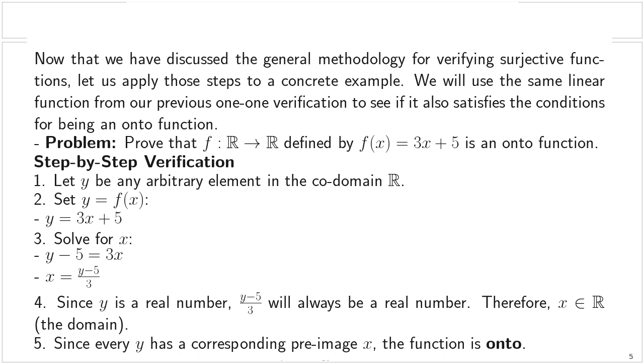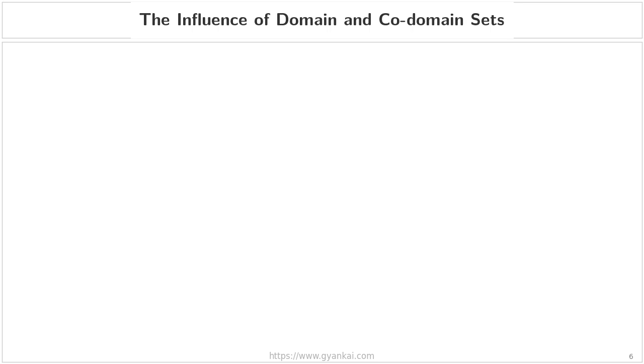As you can see, this function is both 1-1 and onto, which makes it a bijective function. However, keep in mind that this result depends entirely on the fact that we are working with real numbers. As we will see in the next slide, changing the domain or codomain can completely change the classification of the function.